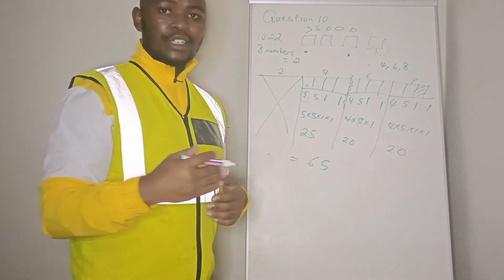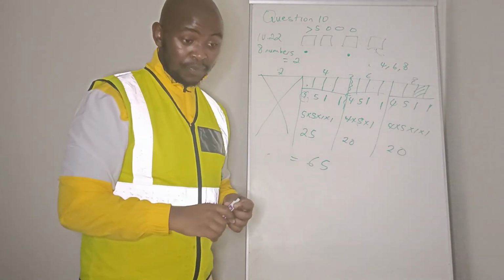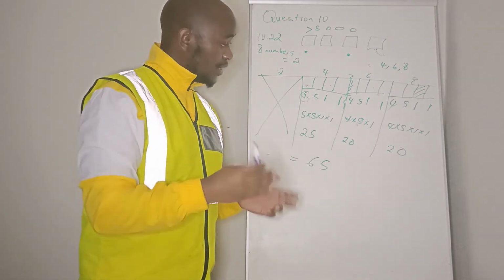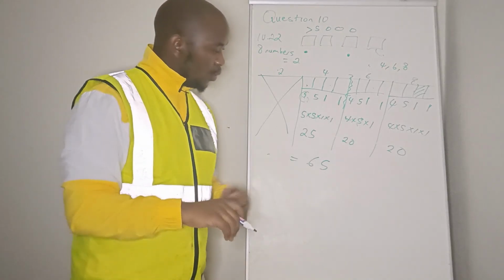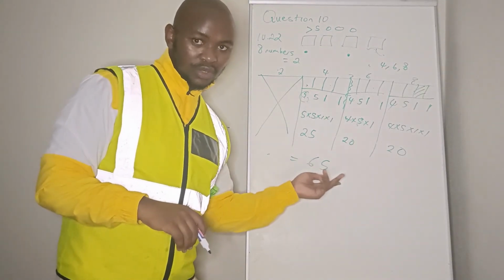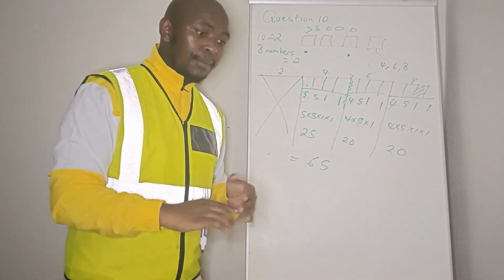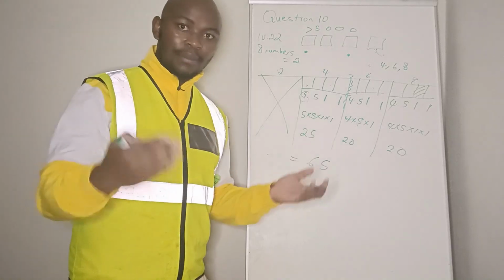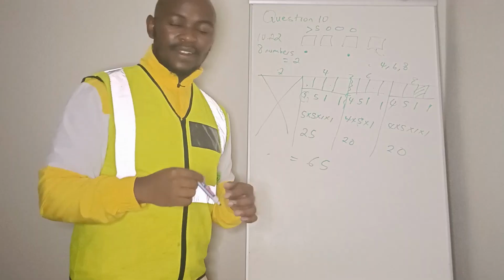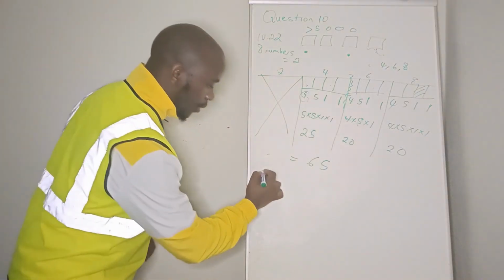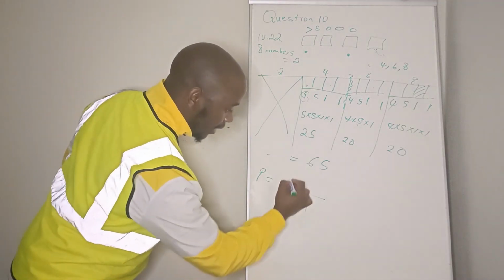But the question is saying that we must calculate the probability that we can select one of those numbers. Or on the first attempt, we can have the right code. So we have 65 options to select from that is above 5,000 and is still even. But how many numbers are there? How many possible combinations are there? Which then goes to the first question. So if we talk of probability, we should have the total and the possible.